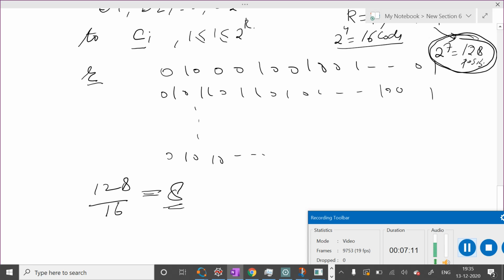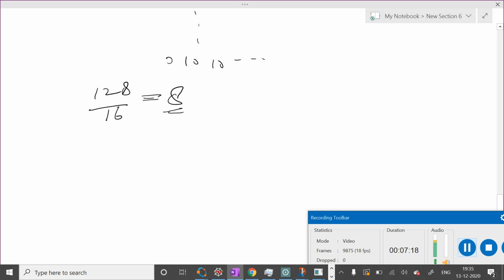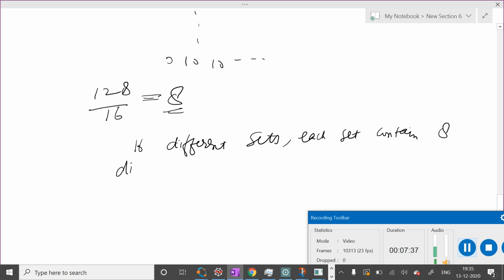So we will basically do one thing. We will have 16 different sets, and each set will contain 8 different binary sequences, right?